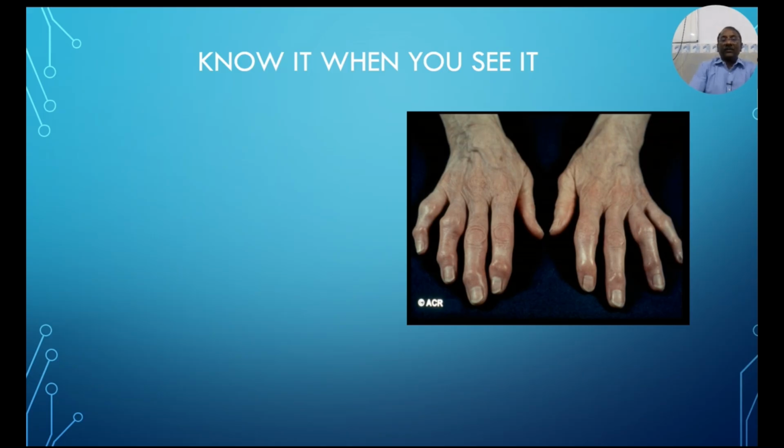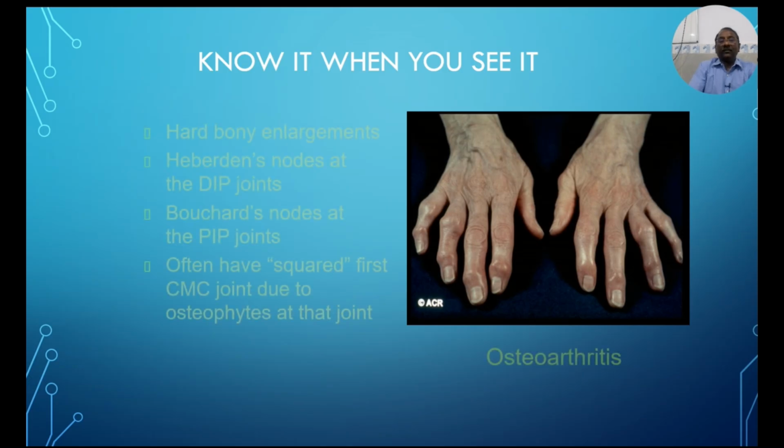Proximal interphalangeal joints are not involved here. So this is osteoarthritis. So hard bony enlargements, Heberden's nodes, Bouchard's nodes. Often have a squared first CMC joint due to the osteophytes at that joint. So Bouchard's and Heberden's nodes.